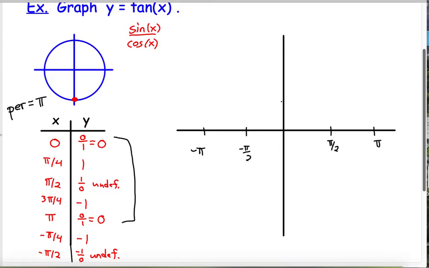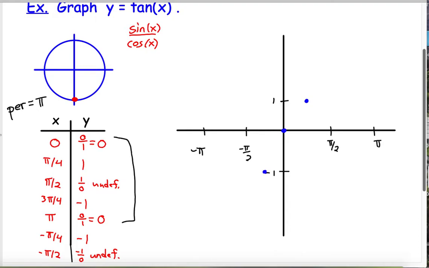Also we know that we have values of 1, so let me mark those. And let's plot some points. At 0, we're at 0. At pi over 4, we're at 1, so that would be right about there. At negative pi over 4, we're down at negative 1.